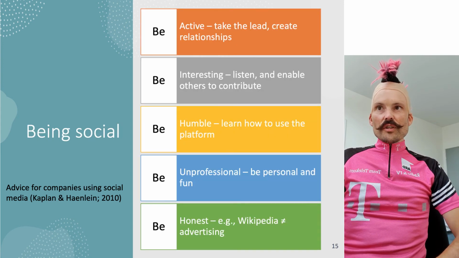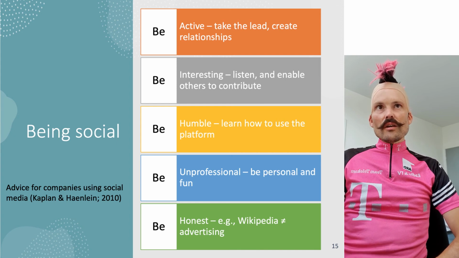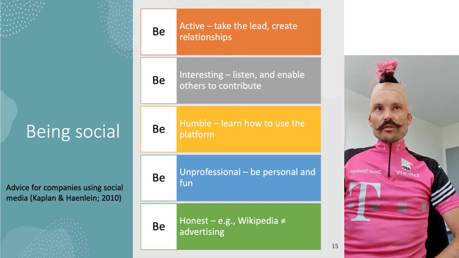Now, finally, for this video, Kaplan and Haenlein also give some advice about how to be social on social media. They say that you should be active, you should lead, you should create relationships, you should be interesting, which includes that you should listen and enable other people to contribute.